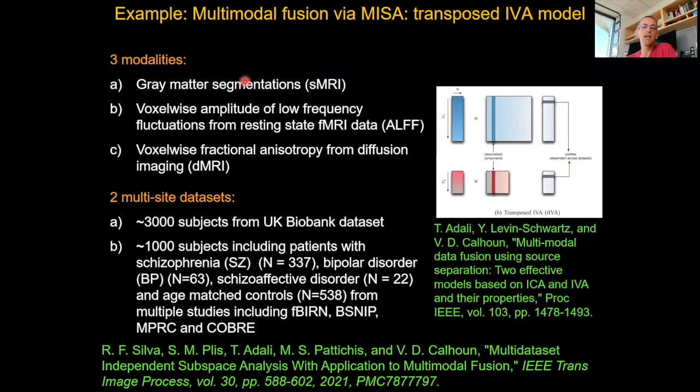We're using 3 modalities: gray matter segmentation maps, amplitude of low frequency fluctuation from fMRI, and diffusion fractional anisotropy maps. We'll be looking at 2 data sets, a 3,000 subject data set from the UK Biobank and a 1,000 subject patient data set, including individuals along the psychosis spectrum.